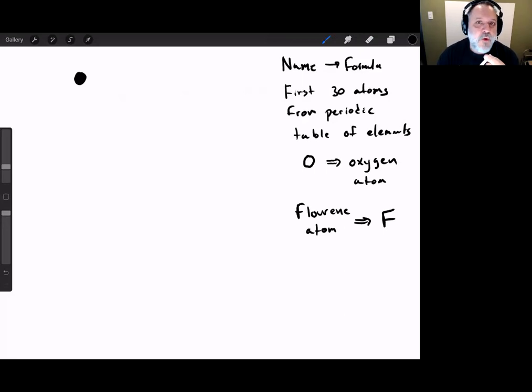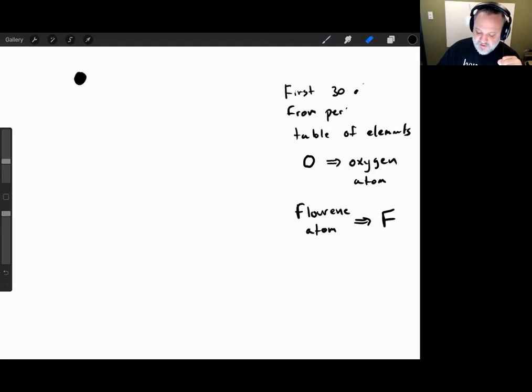You don't need to memorize the atomic number. You don't need to memorize the atomic mass, any of those other things. All you need to be able to do is go from a symbol to the name, and from the name to the symbol. And so let's get that in your notes, get that as something that you should get going.